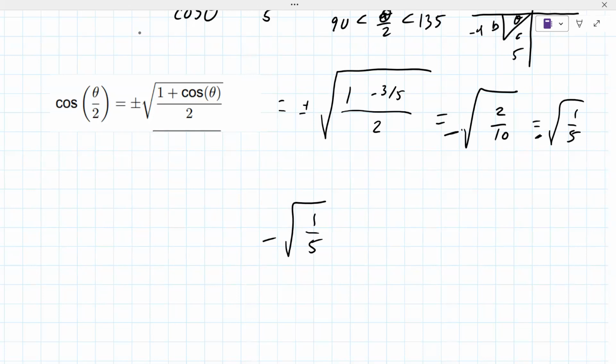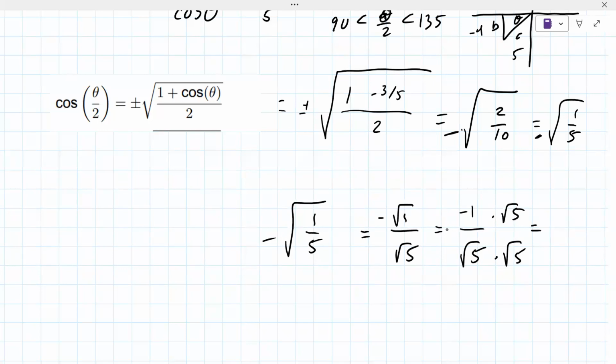Let's do it this way. Does that help? Yeah. Oh, wait, right, √1 would just be 1, but we can't leave √5 in the denominator. So you have to multiply the top and bottom by √5. So then it'd be -√5/5.